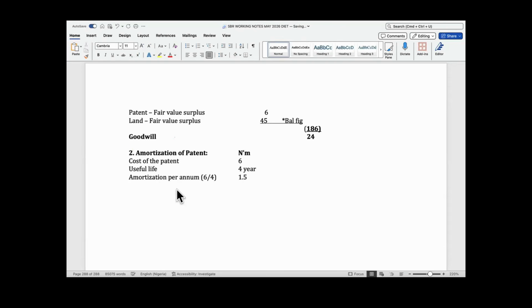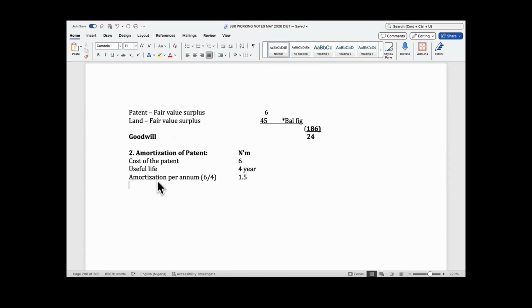So now, who can tell me what's the treatment of this 1.5? Because you need to sort it out immediately. You need to know exactly what you're doing with it. Yes, please go ahead. You will debit the P or L and credit intangible asset.